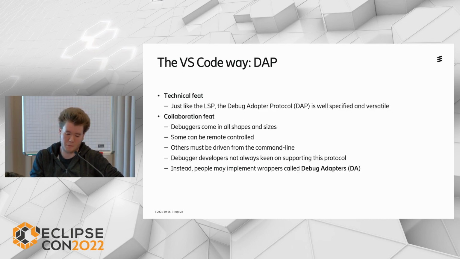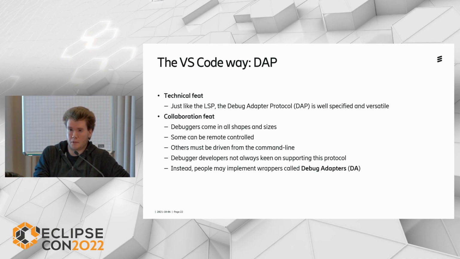Same thing goes with the DAP, except that instead of the communities being eager to work on making the language servers themselves, the debugging community is a bit more weird. Essentially, most of the tools either already have a good graphical UI or maybe a good command line UI. And so people are not super keen on implementing a new protocol to remote control their tool.